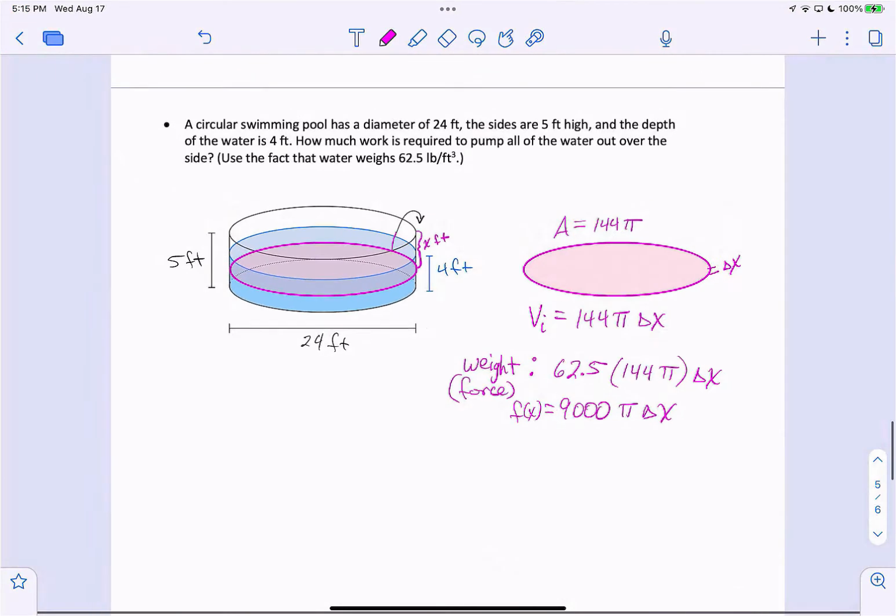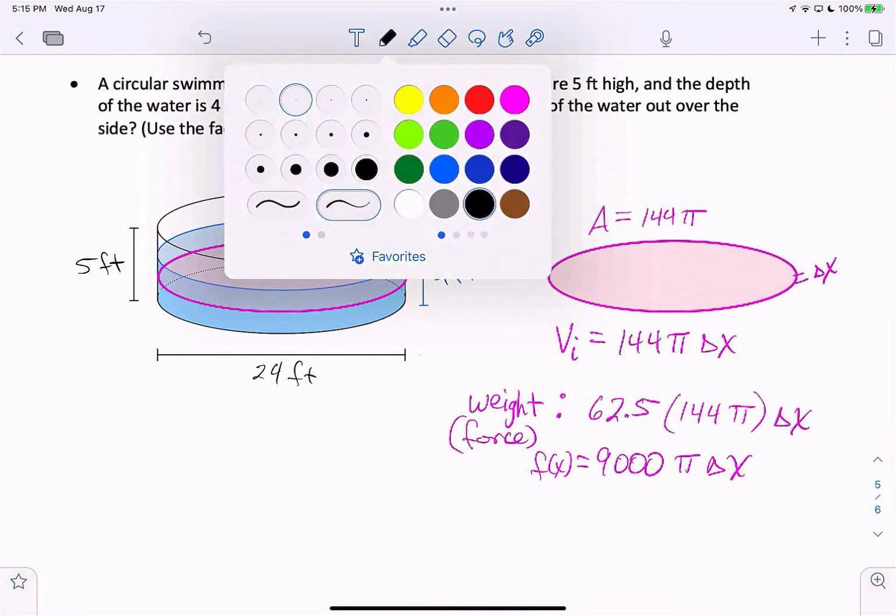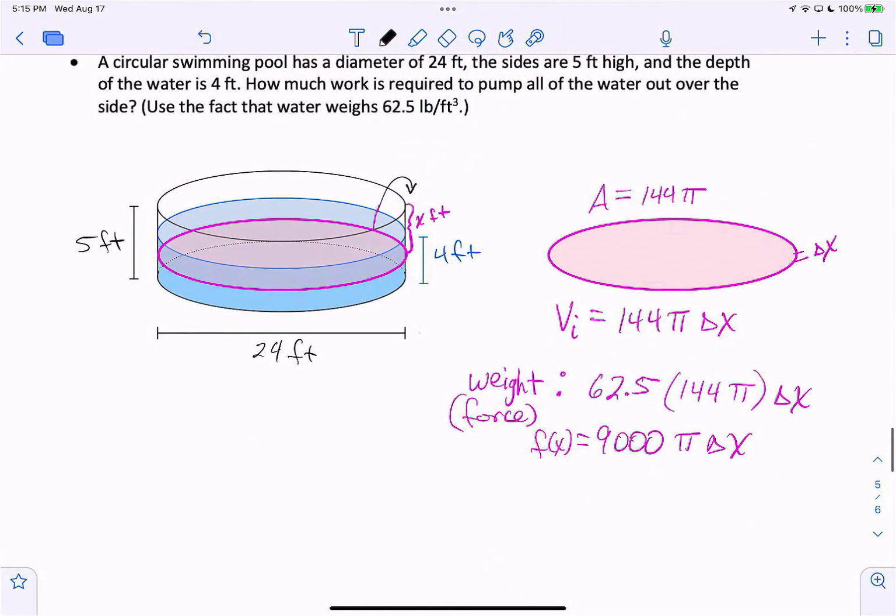So let's see if we can turn this into a mathematical expression. I bet we can. The work is going to be equal to an integral. I'll just write the limits from a to b, and we'll talk about what they are in just a minute. You know what, I'm going to leave them blank, and we're going to fill them in with actual numbers. Now remember that work is equal to force times distance, but in this case, we're going to write it as work is equal to distance times force, just because of what we've already developed.